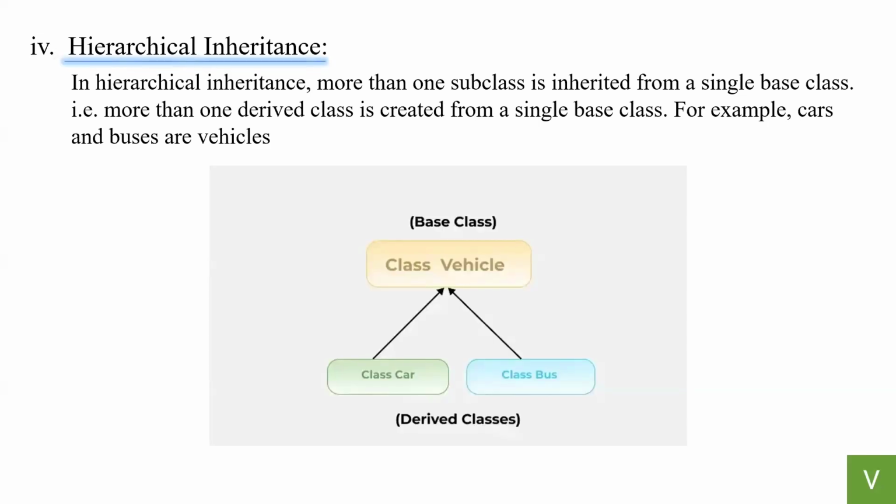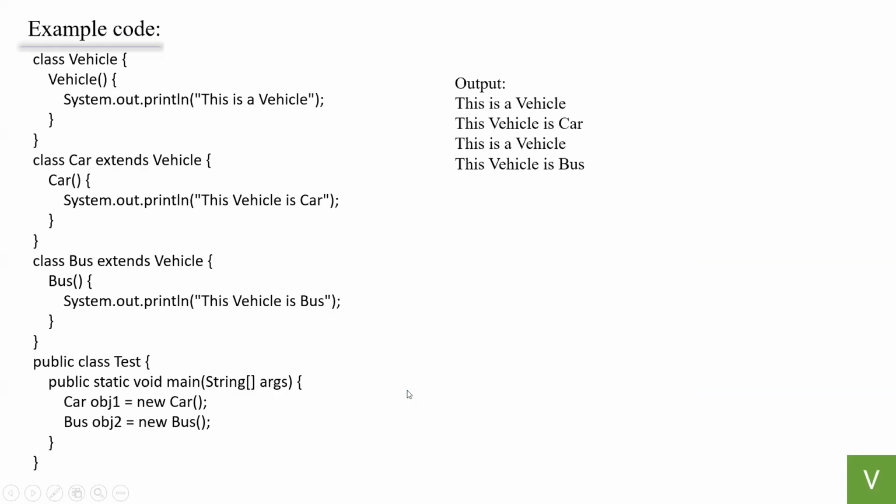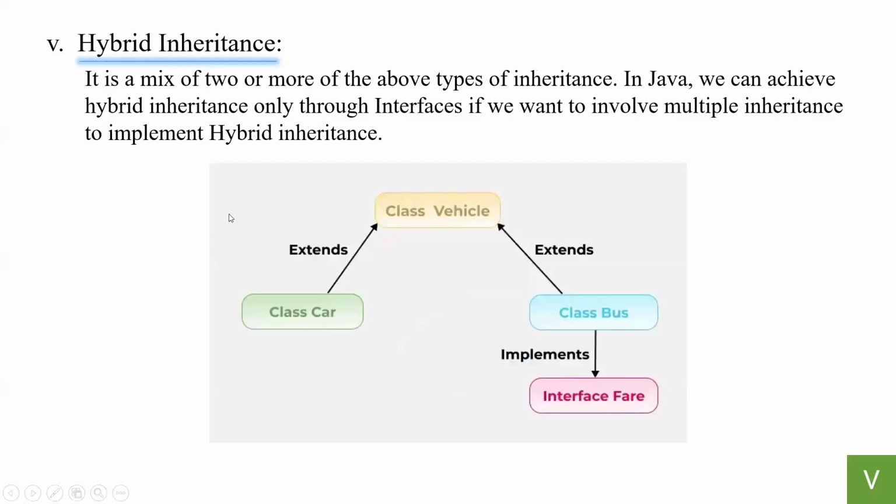A quick recap: hierarchical inheritance consists of only a single parent class, whereas different child classes are derived. Now let us see the final type of inheritance, which is hybrid inheritance. It is a mix of two or more of the above types of inheritance.